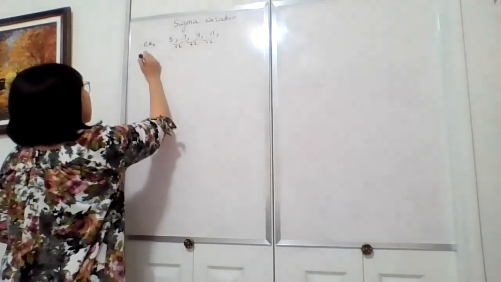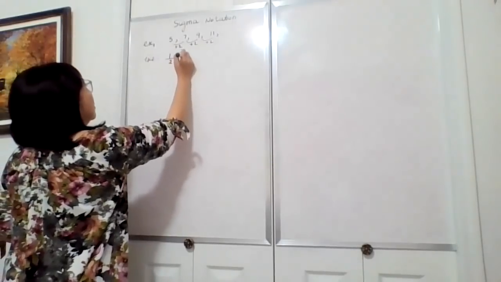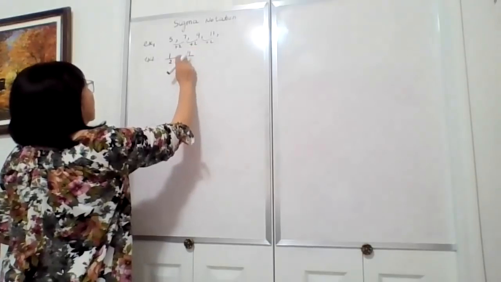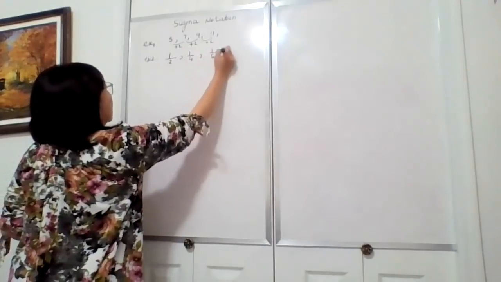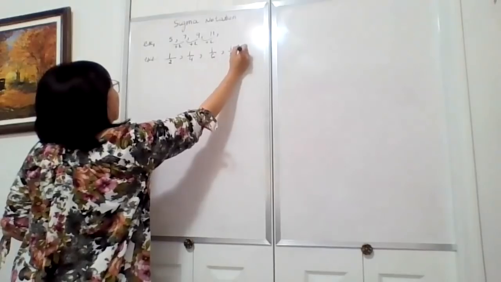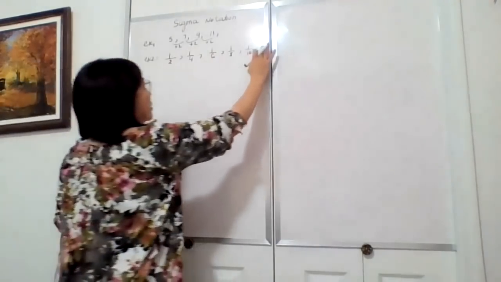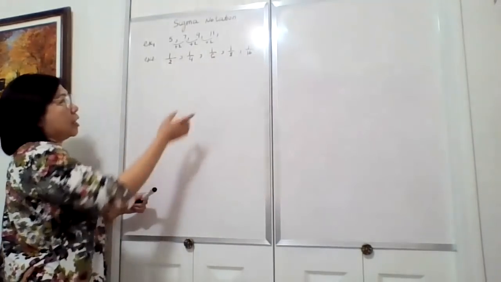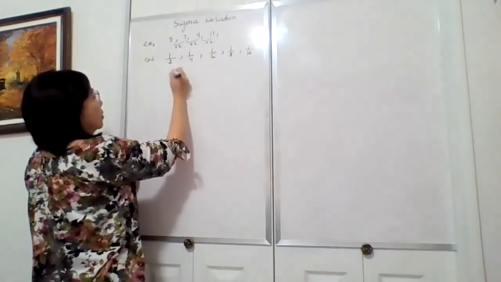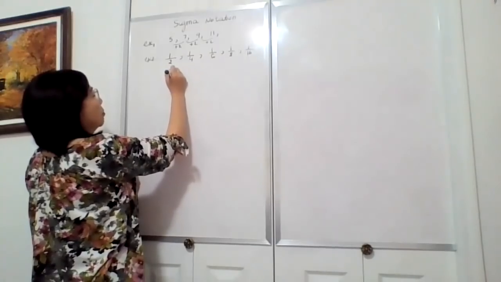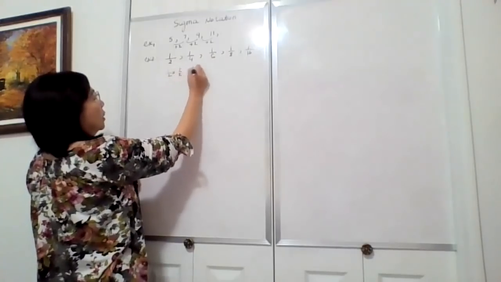Example 2: 1 over 2, 1 over 4, 1 over 6, 1 over 8, 1 over 16, and so on. Again this is a sequence, but we call it geometric because each term is multiplied to get the next term.